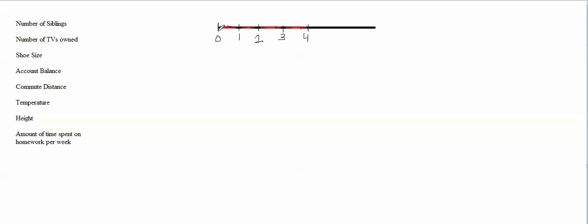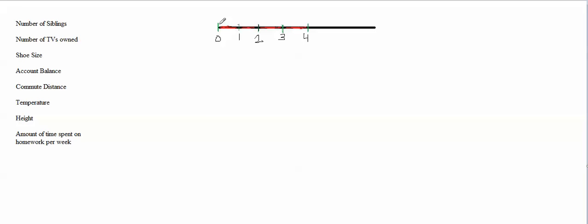A person can have 0 siblings. A person can have 1 sibling or 2 or 3 siblings. So I'm going to mark off the areas where we can have values in green. So wherever we have a green place on the number line is where a person's value can fall on the number line.